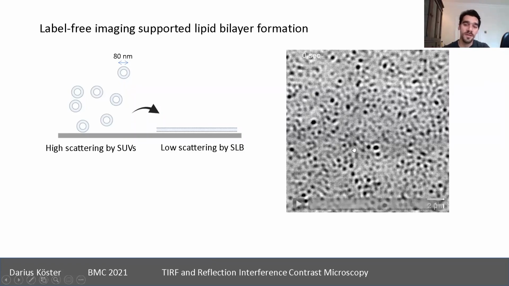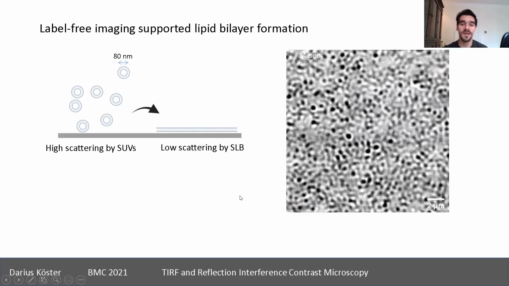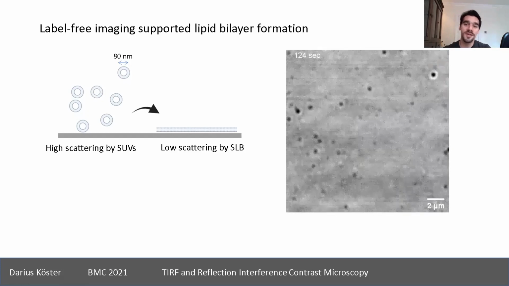So in this movie here, the black dots are the unfused unilamellar vesicles, and then later you will see what happens when they fall down and reach a certain density: suddenly you get this whoosh and a very homogeneous surface, which is now the full bilayer formed. And again, you can do this without any flow forces. You don't disturb the sample much. So it's actually a very nice way to look at these surface-related interactions.